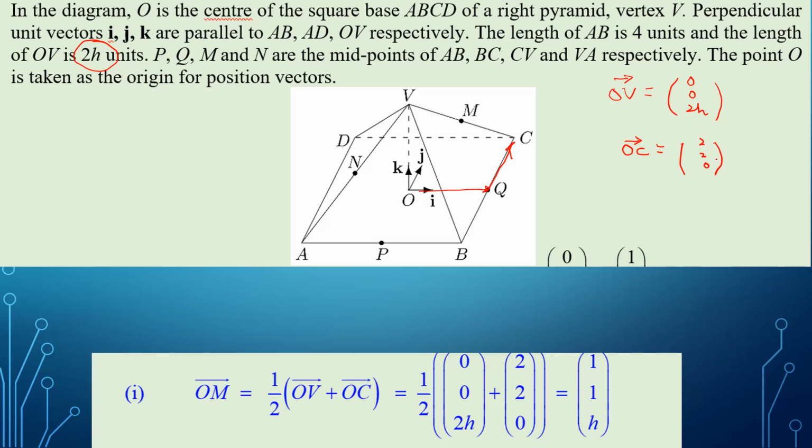After you have found that, your job is to find OM. OM comes from your ratio theorem. So OM via ratio theorem is equal to (OV plus OC) over 2. Fit in all your numerical values, and you are able to write down the position vector of OM.